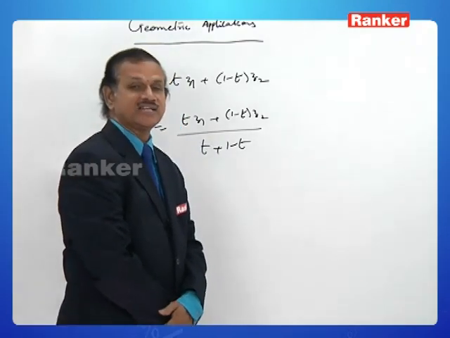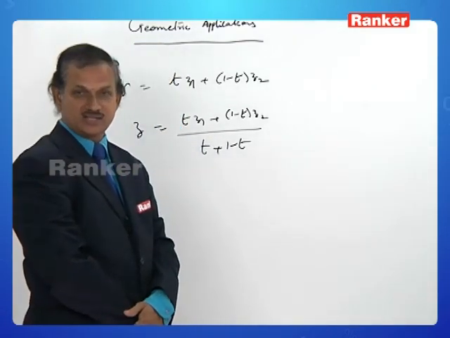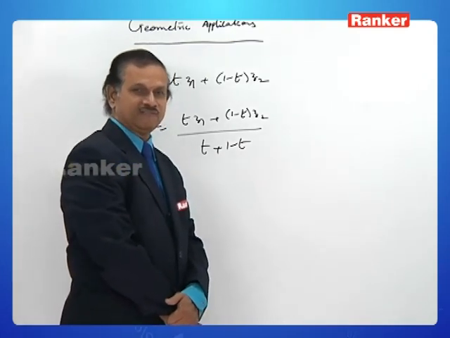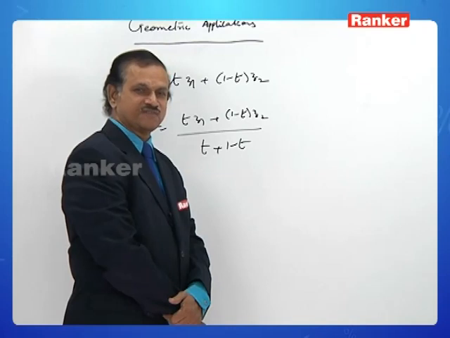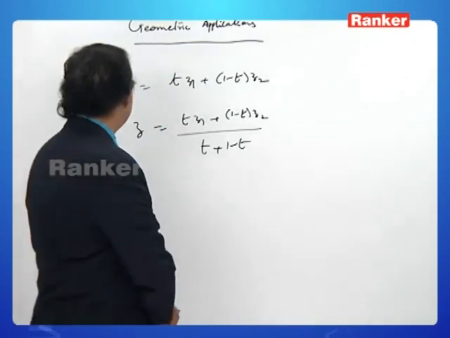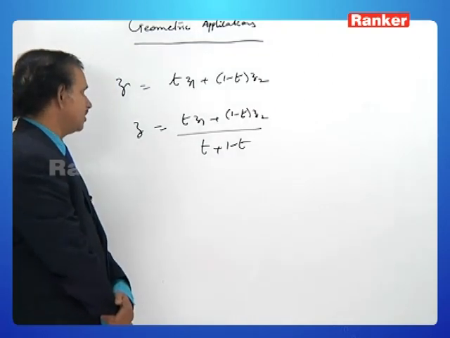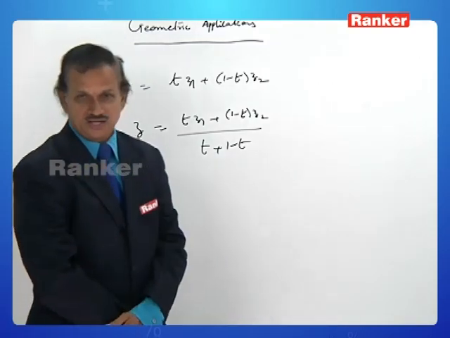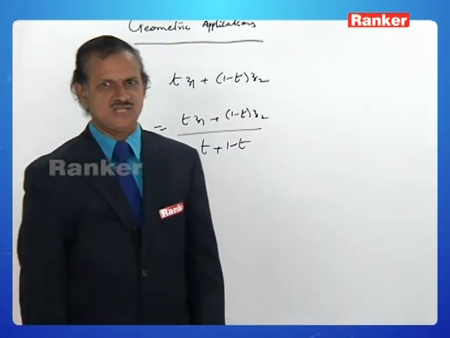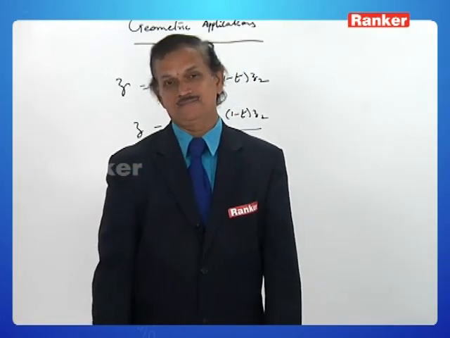By focusing our attention on this locus, we are able to recollect a formula of a complex equation of a straight line joining 2 points z1 and z2. What is that? That is just nothing but t z1 plus (1 minus t) z2. It is of course called the parametric equation because t acts as the parameter here.